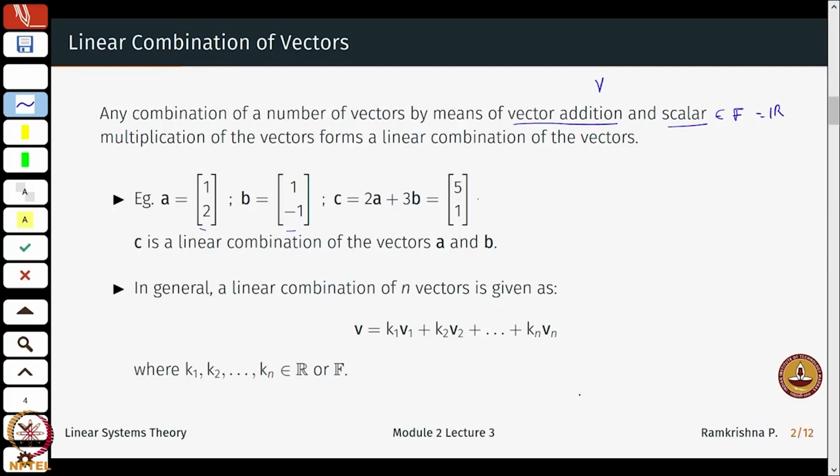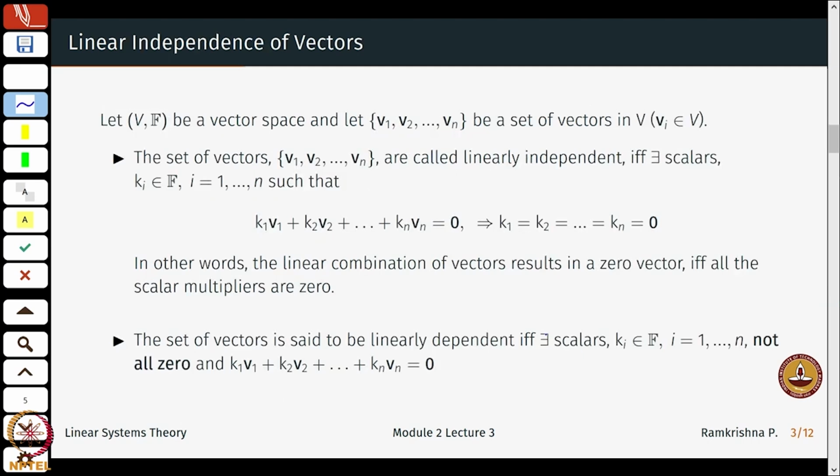And in general, given n vectors V1 till Vn, I can write any linear combination K1 times V1 plus K2 times V2 and so on until Kn times Vn. Some of the K's can be 0, some can be non-zero, and so on. Okay. So this leads us to something called linear independence of vectors.